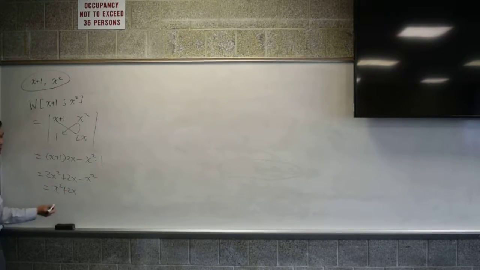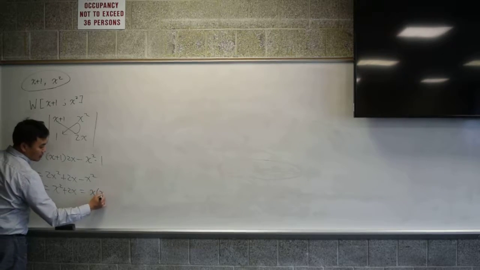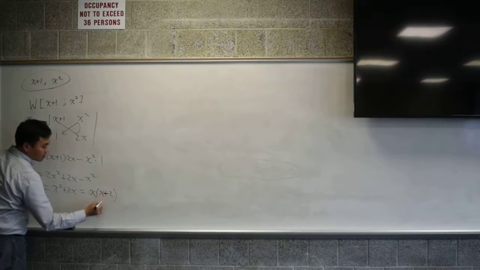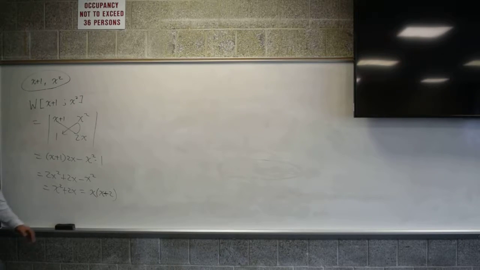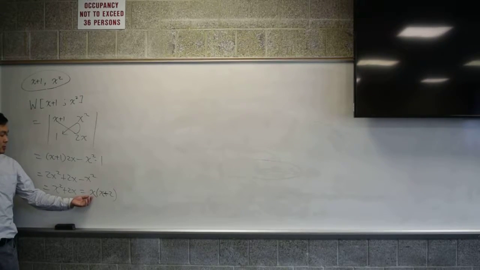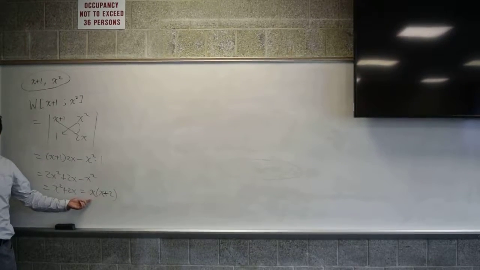Now for this one, you see that there are 2 points where this could be 0, x equal to 0 and x equals negative 2.